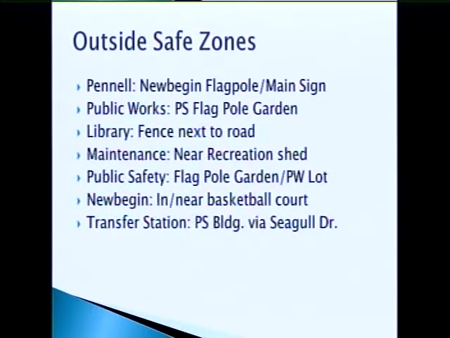Outside safe zones. There are 2 for Pennell: out by the flagpole here in the parking lot, and the main sign out front. Each building has its own outside safe zone. They're listed out here. And what's important is the employees in the respective building know where both the interior and exterior safe zones are, and that should be reinforced with the periodic drills that occur for implementing the EAP plan.